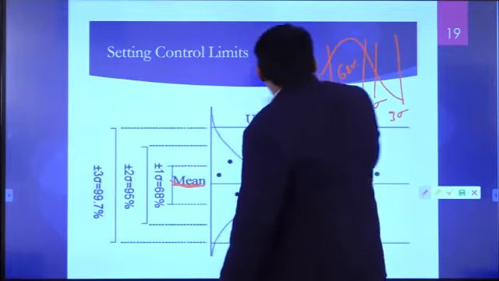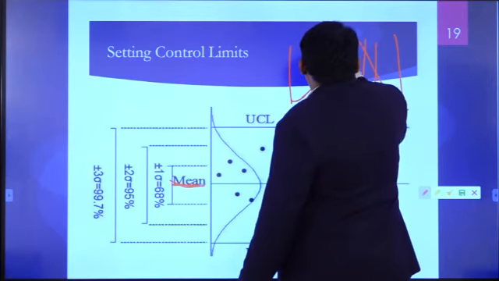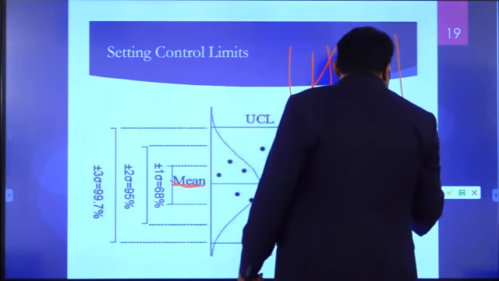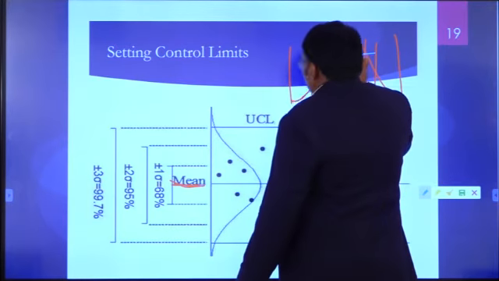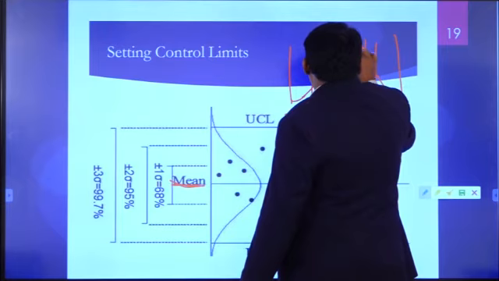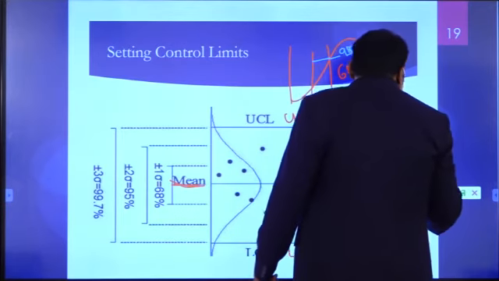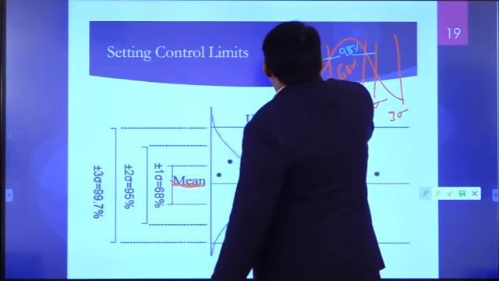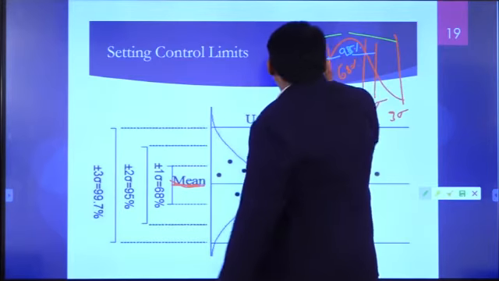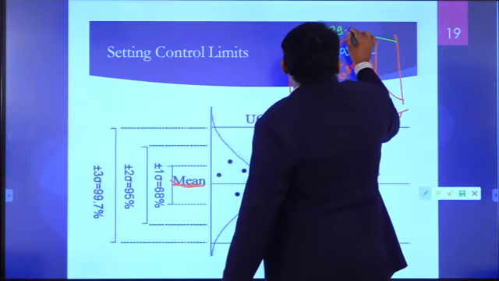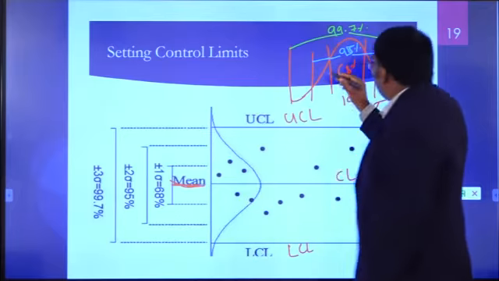And the 2 sigma level, the next category, is how much? 95%. And the third one, from here to here, is how much? 99.7%. This is the limit.